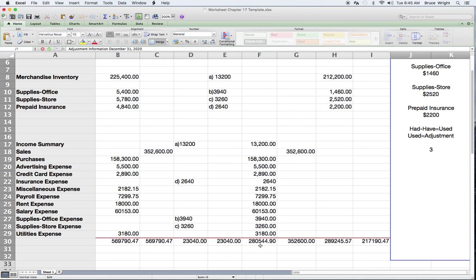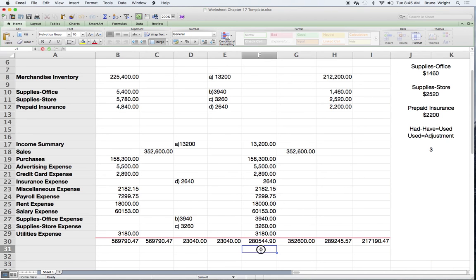352,600 minus the 280,544.90. And that comes to 72,055.10. If you remember, this is our net income.